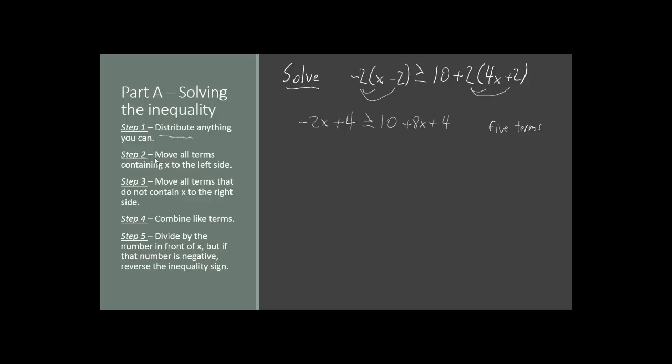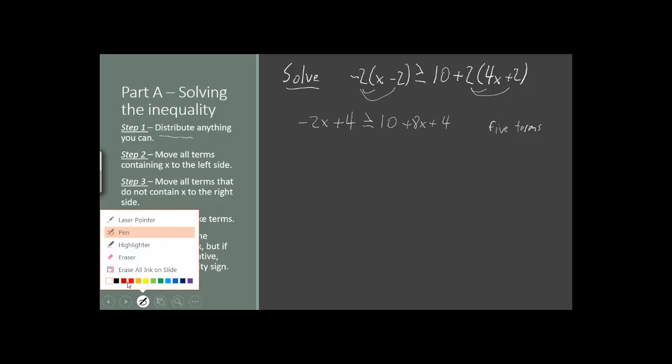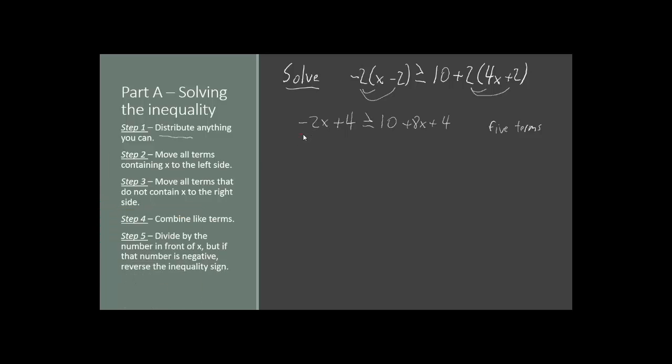The next thing we should do in step 2 is to move any terms that contain x over to the left side. Well, here's a term that contains x, but it's already on the left. Here's another term that contains x. We can move that over to the left. Since it's positive 8x, we'll just subtract 8x, and we have to do that to the other side as well.